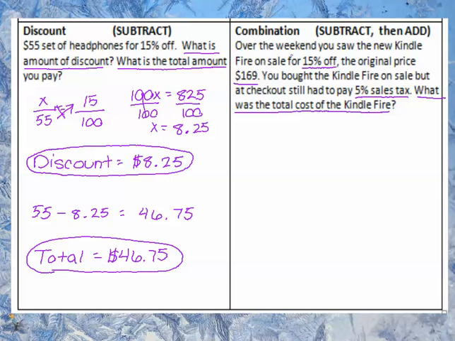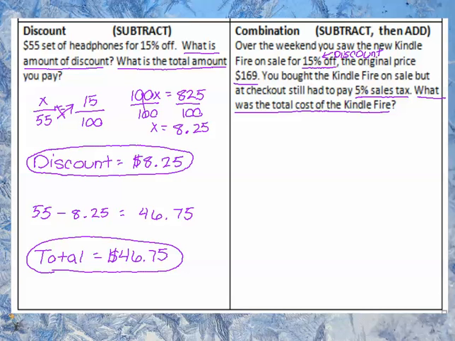So I have two percentages, I have a whole amount of money, and it's asking me what is the total cost. Well, you need to look, what do the two percentages, what's happening? In the first one, I have 15% off, which in that case is a discount. So a 15% discount.